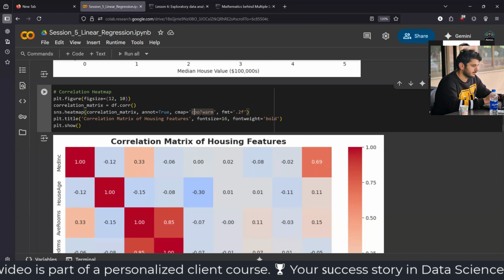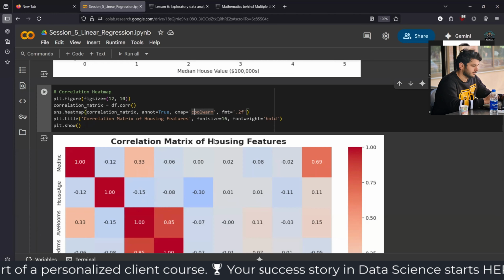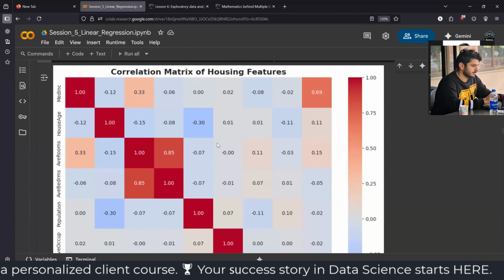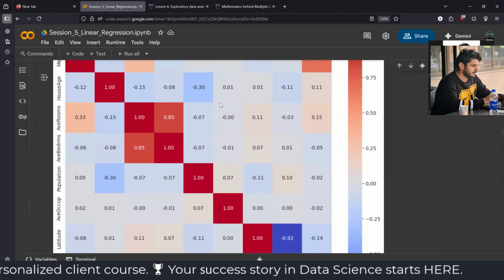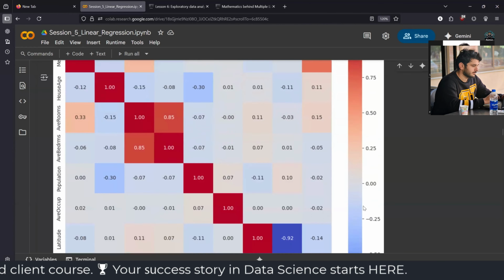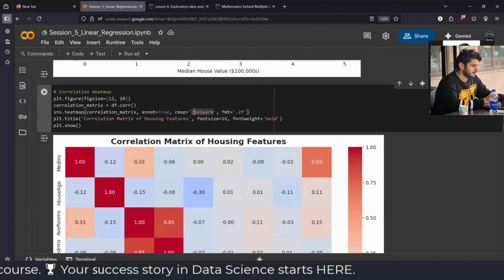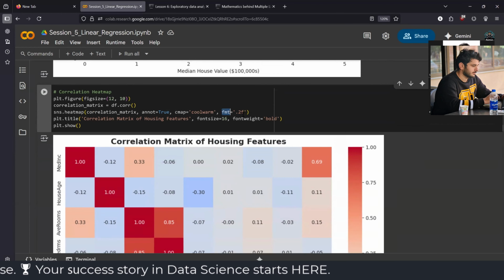We can have different options here for the cmap, but here we are choosing coolwarm, and based on that it will give a blue color when it's close to -1, and a red color when it's close to +1. And here we're using fmt equal to .2f. It means we only want two decimal places for each number, so we are basically rounding every number to two decimal places.